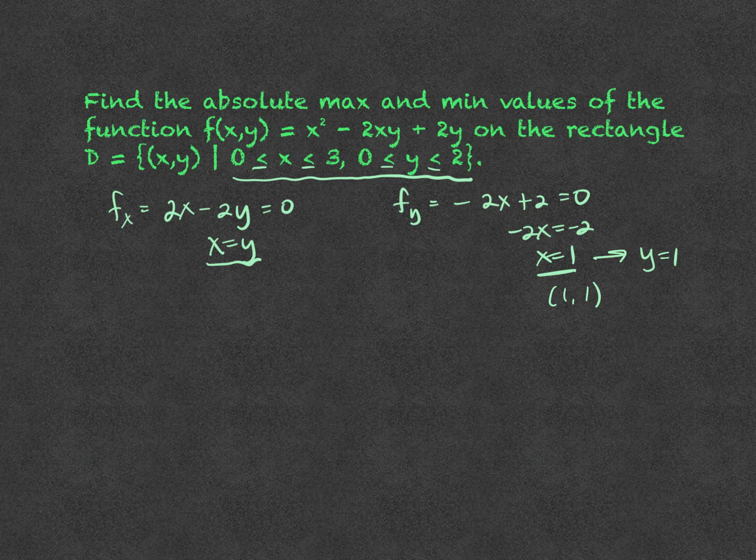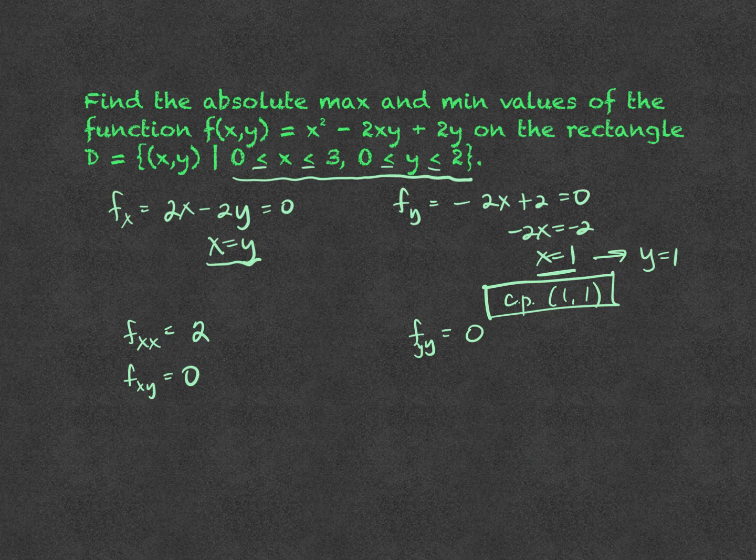So we need to find our second derivative with respect to x, which is 2, and our second derivative with respect to y. Let's label our critical point real quick. Sorry about the delay there. Our second derivative with respect to y is 0. Interesting fact. So the second derivative test may not be helpful.